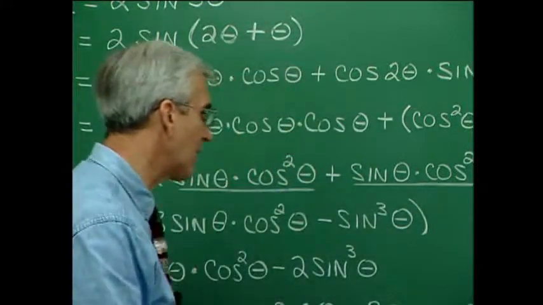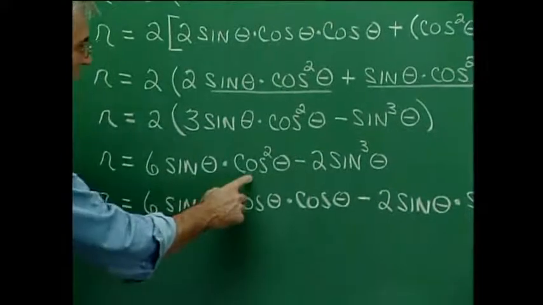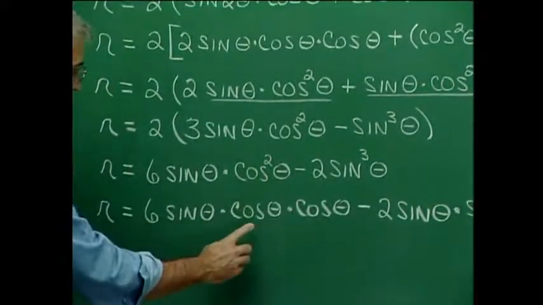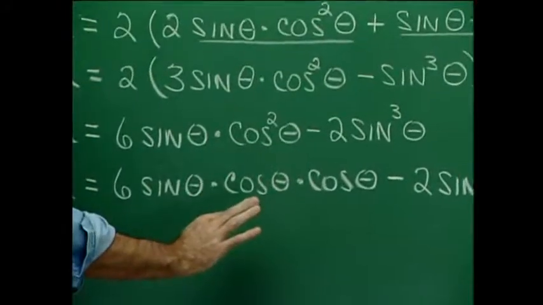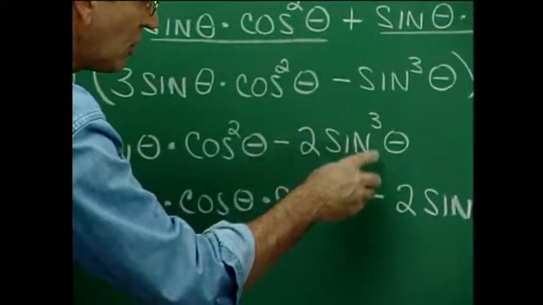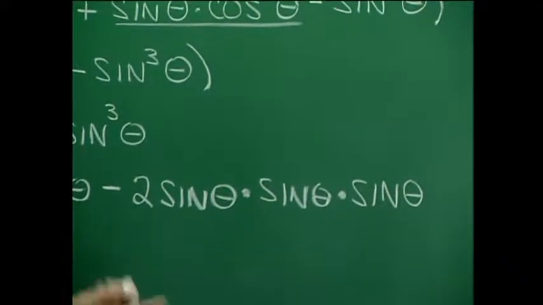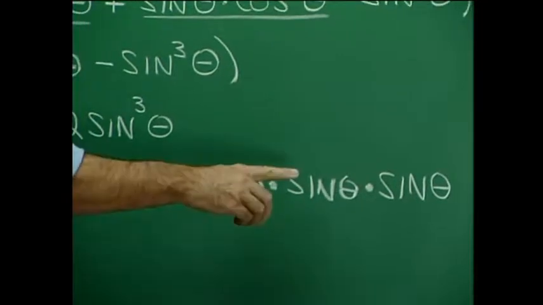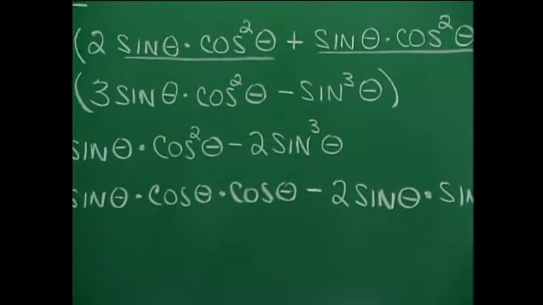So let's kind of string things out here. We've got 6 sine cosine squared, but cosine squared means cosine times cosine. And I'm just writing this for emphasis because I want us to see a certain pattern that emerges here. Sine cubed theta means we have 3 factors of sine theta. Now if I can somehow attach an r factor to each of these, then I've got some nice replacements.